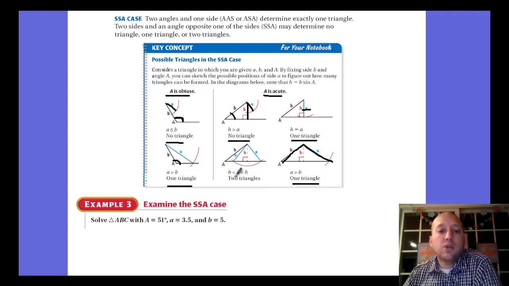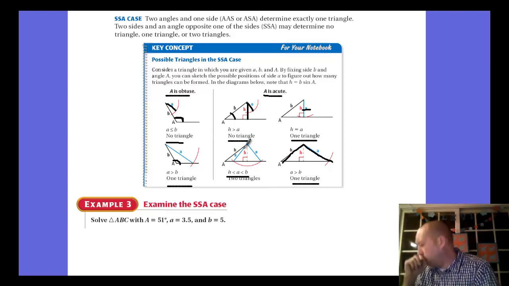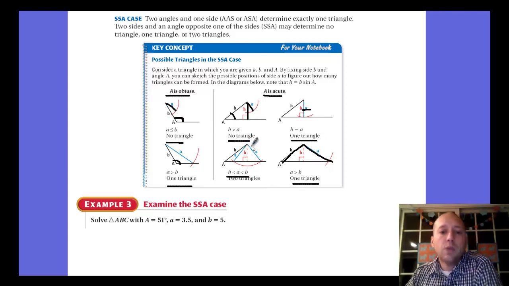And then the difficult one, when the measure of A is between h and B, then it can lie or be drawn between h and B. And that gives us 2 triangles.